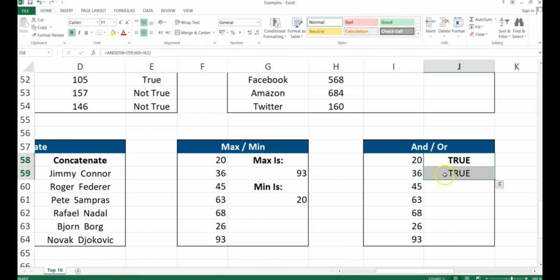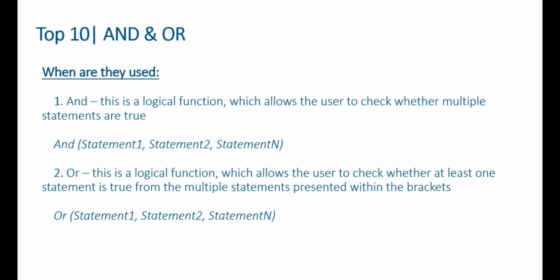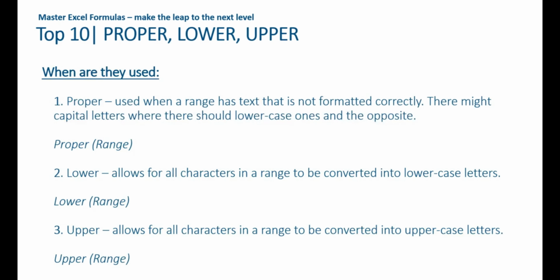Okay, so going to the next set of formulas, we have proper, lower, and upper. All these functions are actually used for text, and they're usually used to change the capitalization of the letters.